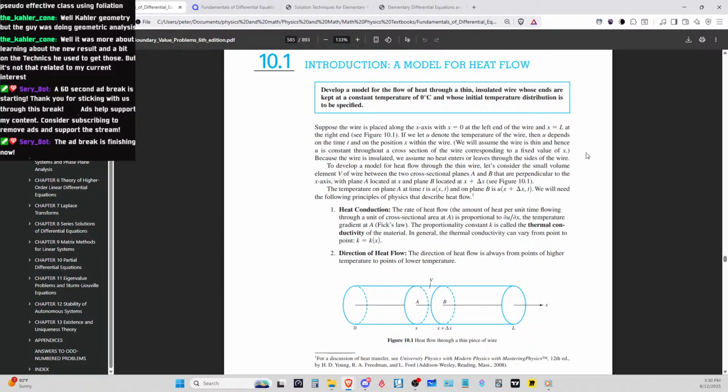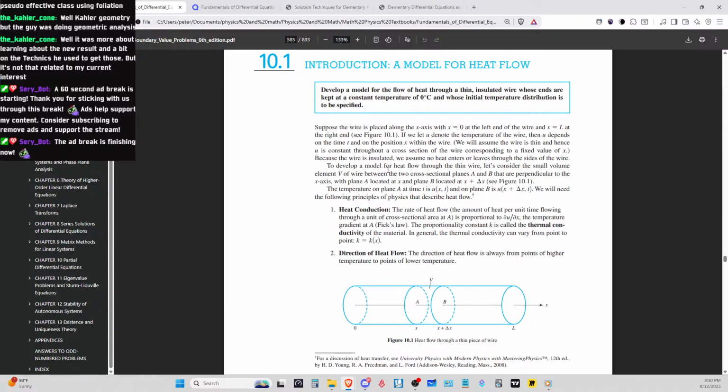We will assume that the wire is thin, and hence U is constant throughout the cross section of the wire, corresponding to the fixed value of x. Because the wire is insulated, we assume no heat enters or leaves through the sides of the wire.